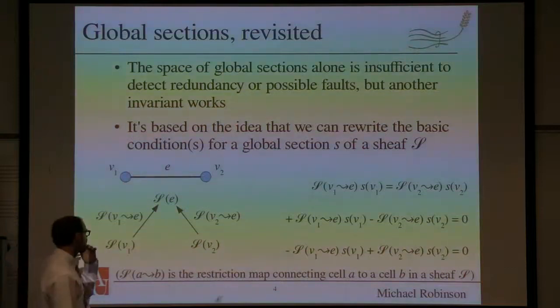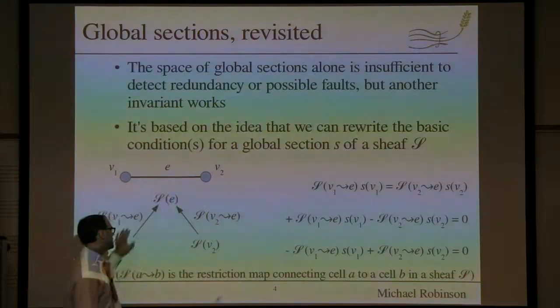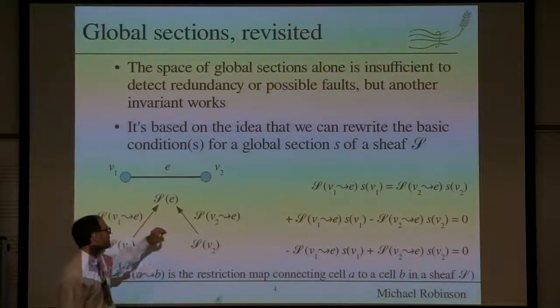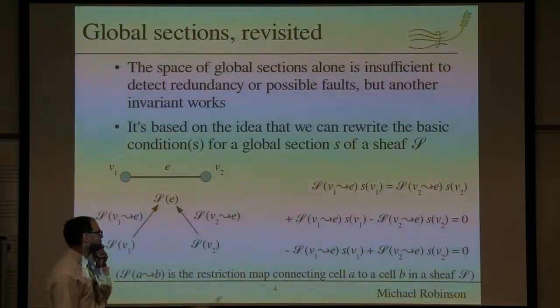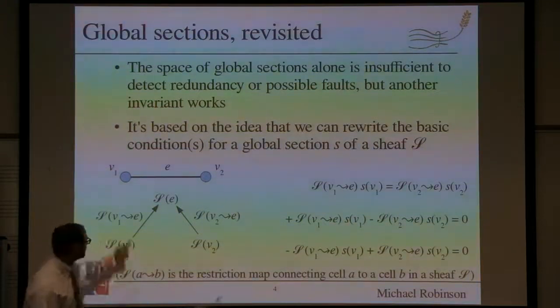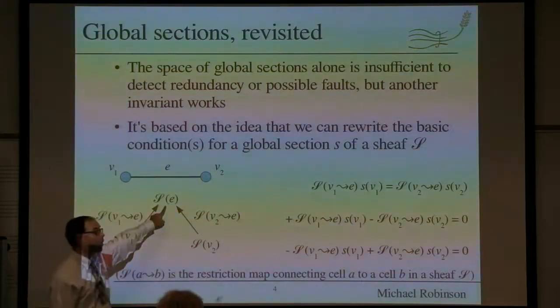And here's why. See, if I've got a global section, it means that I've specified data at these 3 data spaces, picked out an element of here, another element of here, and another element of here, so that when I map the element here over V1 through this restriction map, I get the element that's already here on the edge.